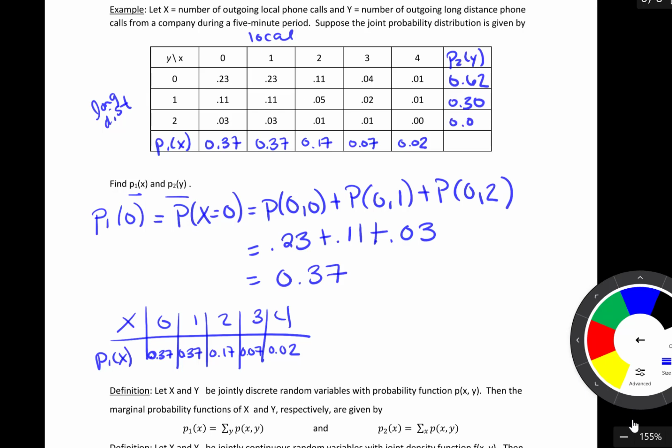And then of course, we know that the overall total must be equal to 1.